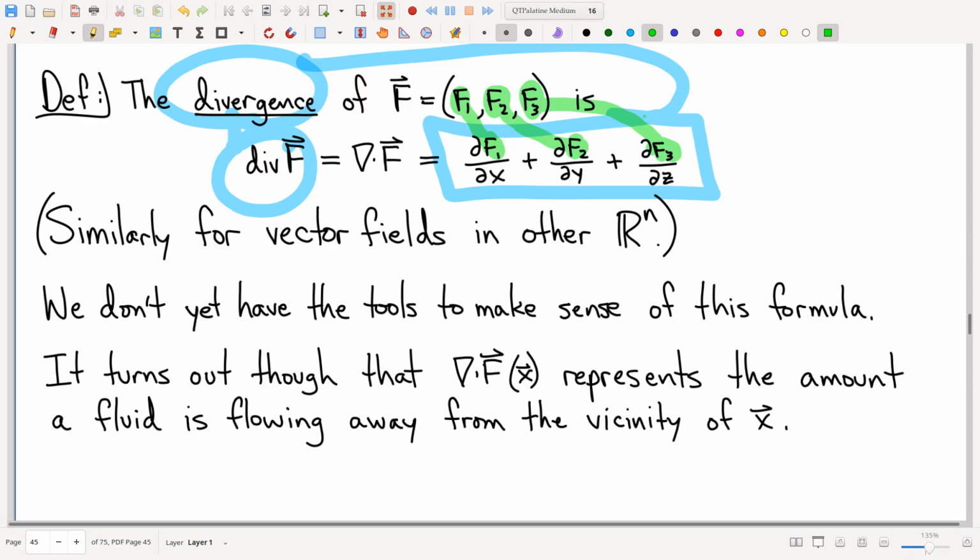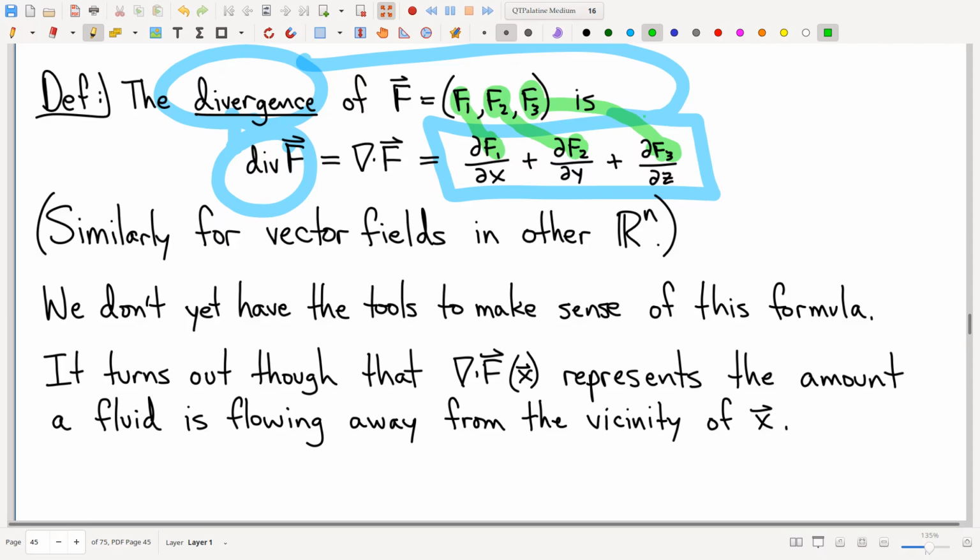And yes, you're taking x partial, y partial, z partial, but we're not taking x, y, and z partials of the same thing over and over again. We're taking the x partial of just the first component of the vector field, the y partial of not the first component, just the second component of the vector field, etc. So a weird construction, but it turns out to be very, very, very useful.